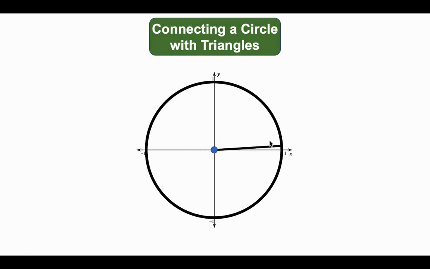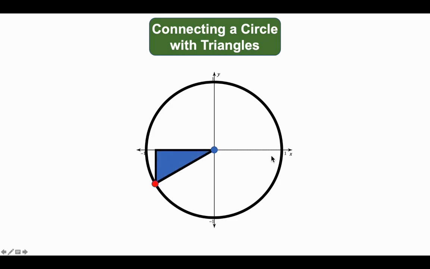Now, this is true with any point that we can think of on the circle. So even if we went way over here in the third quadrant down here, we could still move our angle over to that third quadrant. Now, it's very important that you know that you can make a few different triangles at this, but you always want to drop your point straight down to your x-axis only to make your triangles, okay?